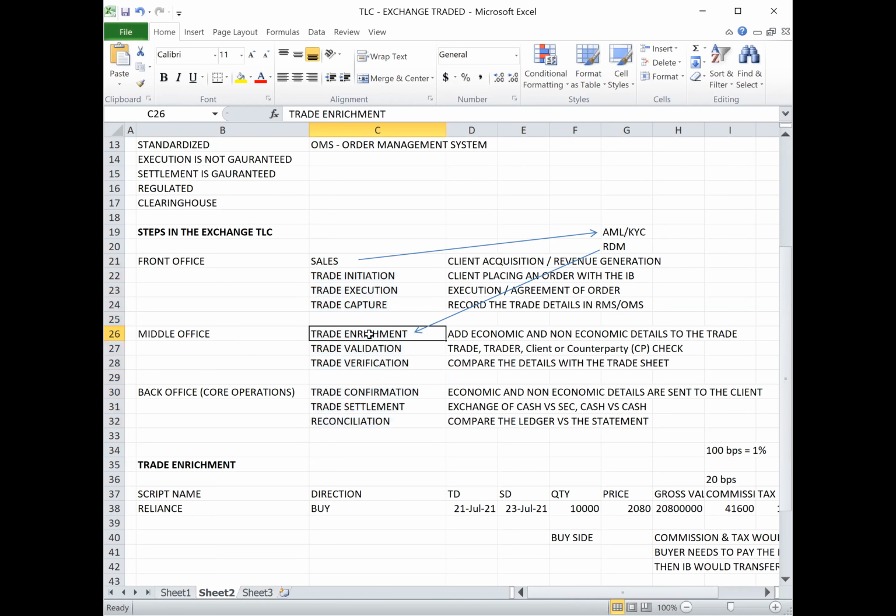What happens in trade enrichment is you add economic and non-economic details to the trade. Okay. What do I mean by that is, there are economic details related to the trade. What are economic details? Which impact the profit and loss. For example, at what price did I buy?